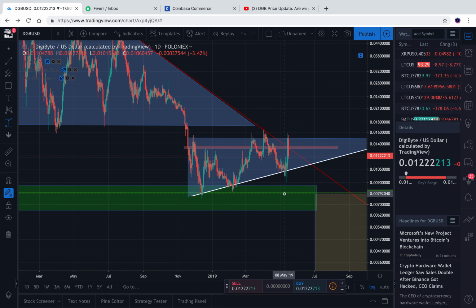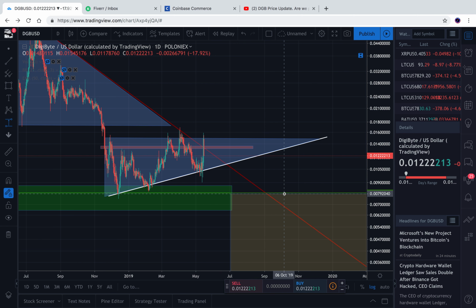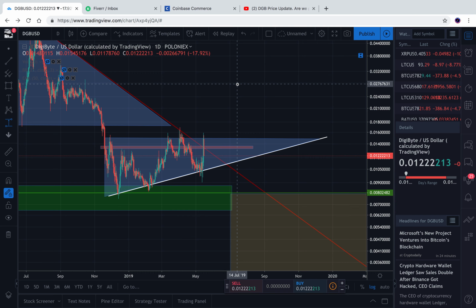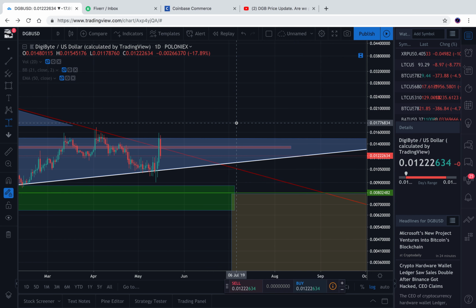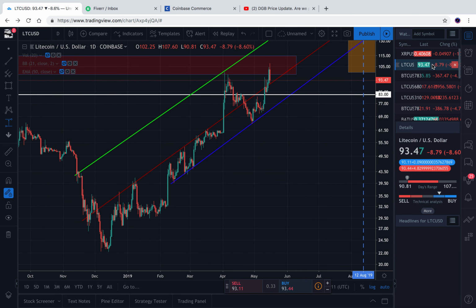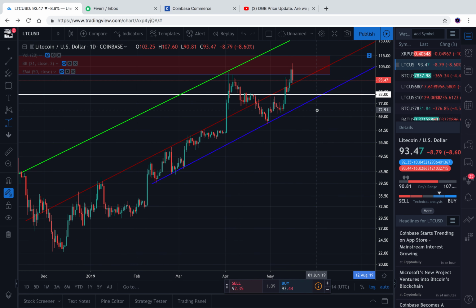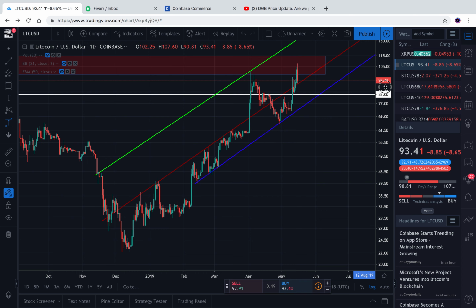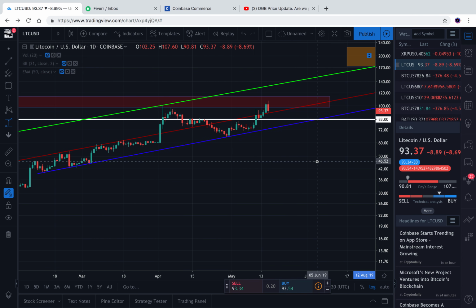We can't always have those 100 and 1,000% increases, but it is what it is, and we'll just have to keep monitoring this. But Litecoin also, 2 days ago, broke above into my upper channel of this.